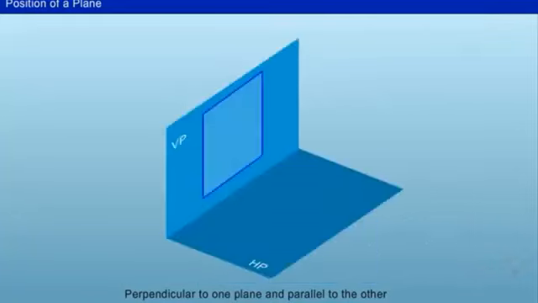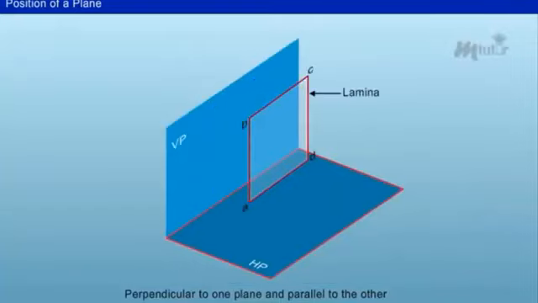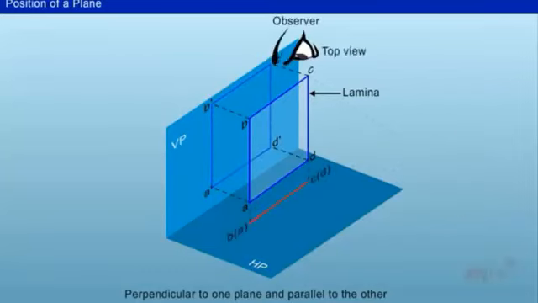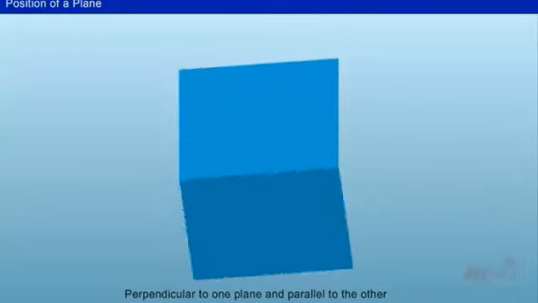The square lamina is placed perpendicular to the horizontal plane HP and it is also parallel to the vertical plane VP. As it is perpendicular to HP, the original position will appear only in the front view. Hence, the front view will have the regular square and the top view will have the straight line as shown here.